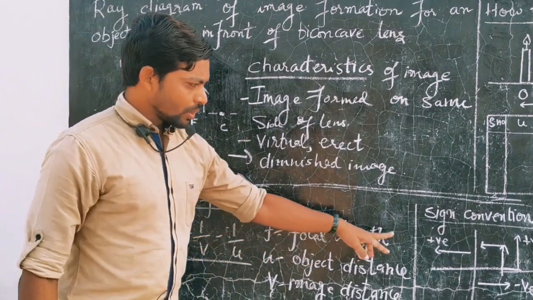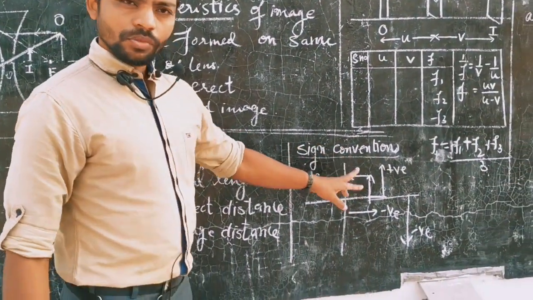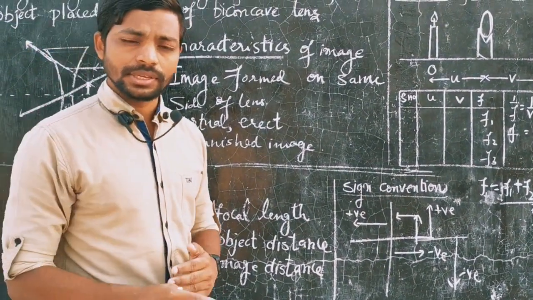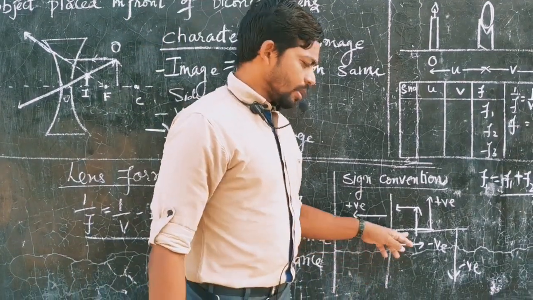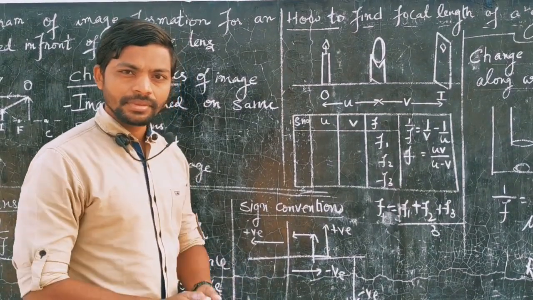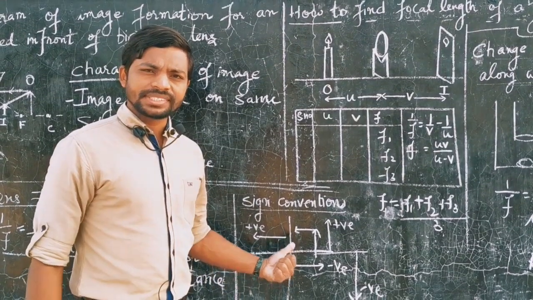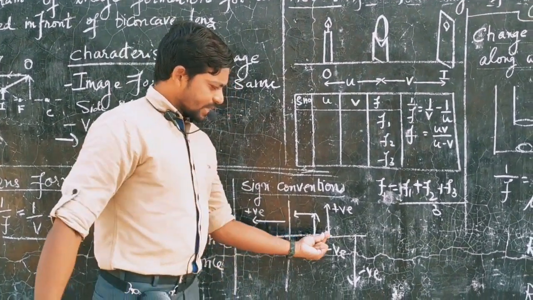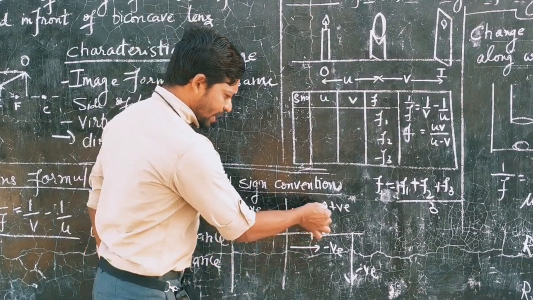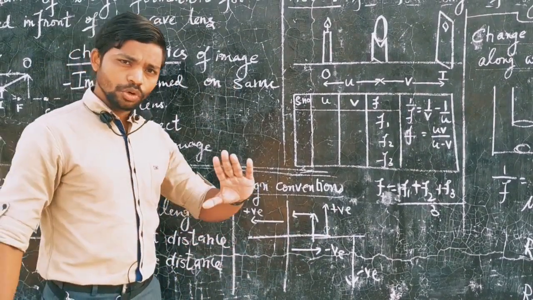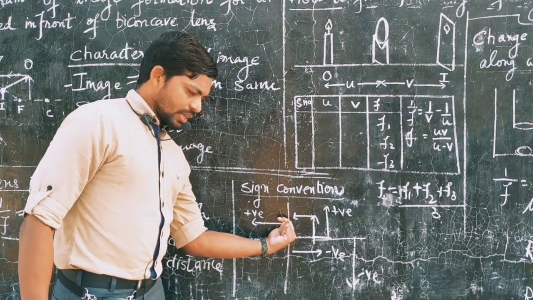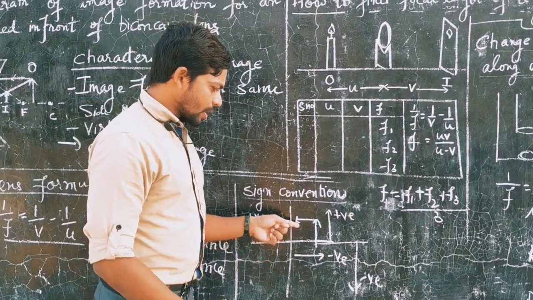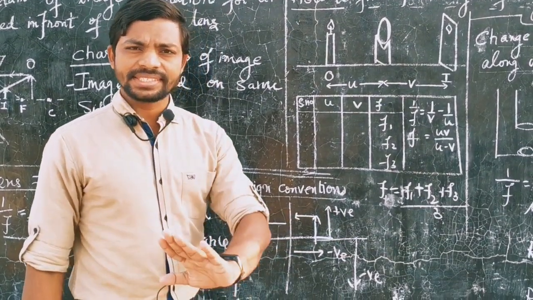One more thing, sign conventions for this formula are as applicable as we have learned in the earlier classes. Anyway, I'll repeat it once again. When let us say the object is here, the light is coming from this side, then the direction in which light is coming will be taken as positive, and the direction opposite to light is taken as negative.